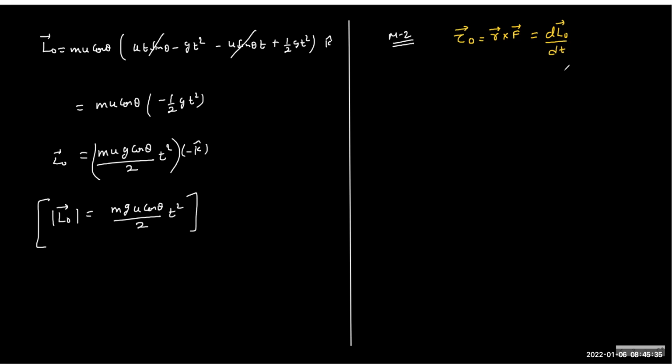So if a body is experiencing any torque, then its angular momentum will change with respect to time, and therefore dL naught you can write as tau dt. So this we can do easily, and then we can find the change in angular momentum. So if you look at the same diagram, let me read over here.